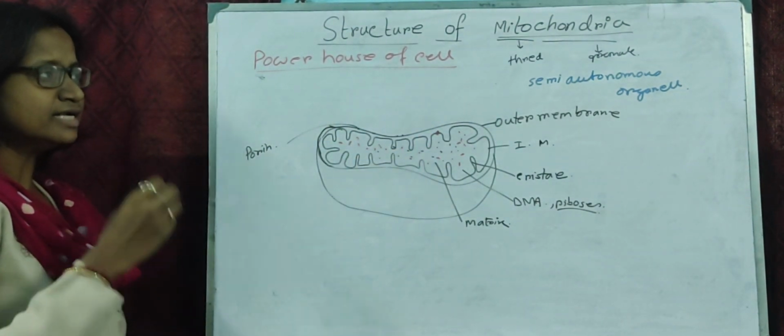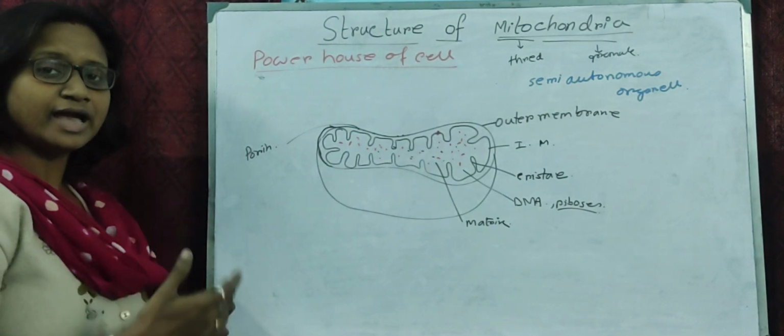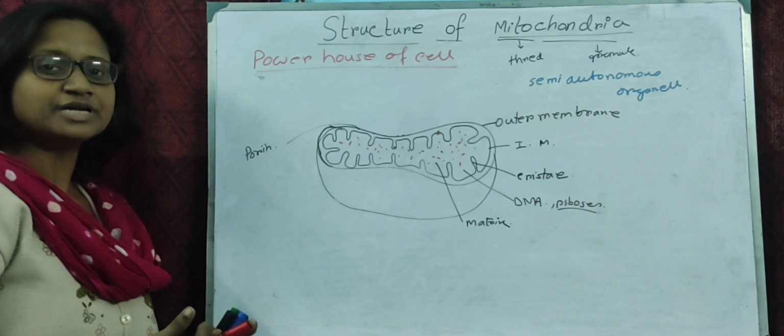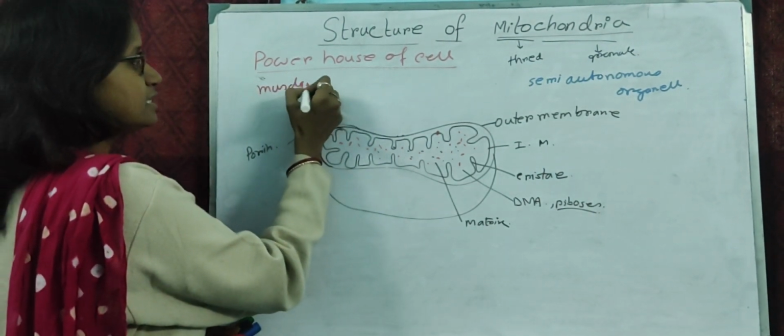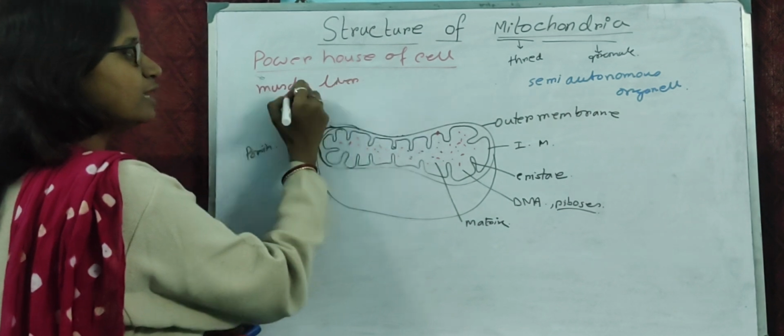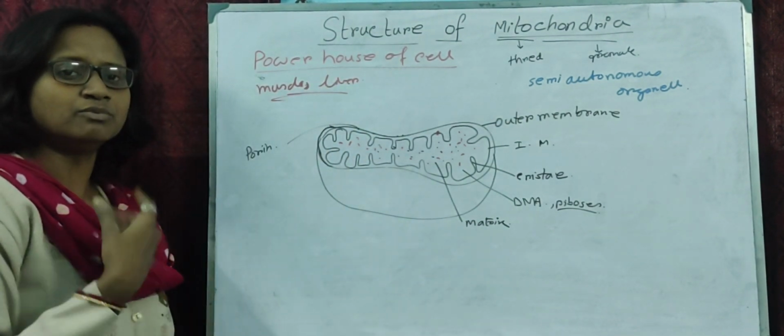There are some parts in our body, like muscles and liver, where most of the activity is going on. These are the organs of our body that perform the most activity.